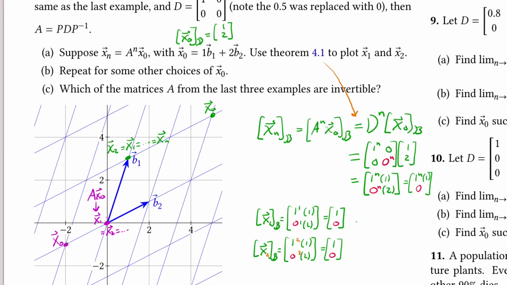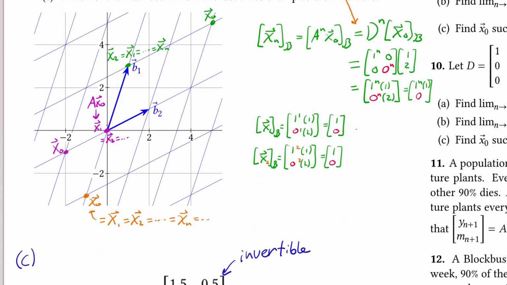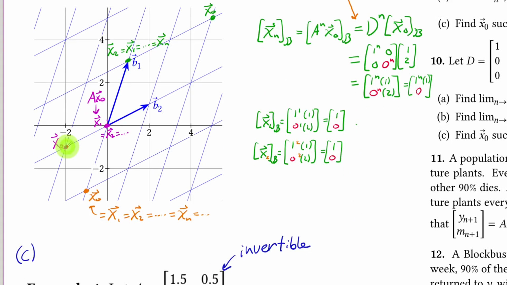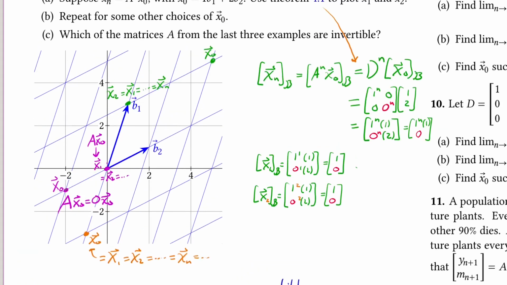Here's an example 6, where you have an eigenvalue of 0. The purple x0 here, if you do A times that purple one, you get the origin. So in other words, A times x0 is equal to 0 times x0, the origin. So that means 0 is an eigenvalue of this.